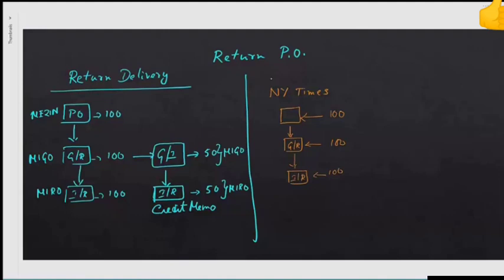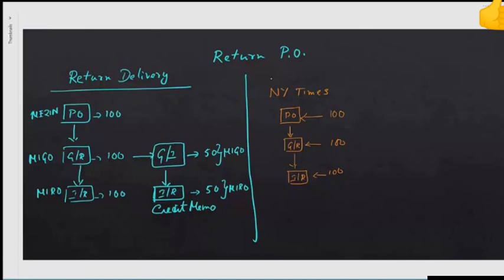And this happens say every day. This is not ideal. There are other ways to do it, but say this happens every day. So there is a PO for 100 every day, 100 quantity of New York Times, and we receive 100 newspapers every day into our goods, and we receive an invoice for 100 every day.